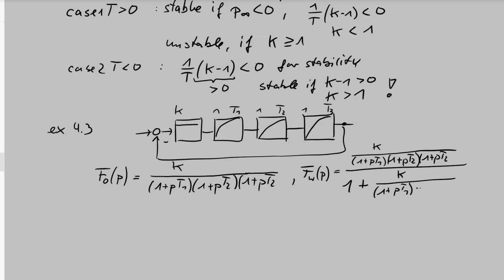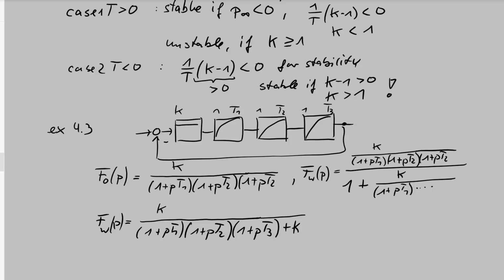So if I multiply with the denominator, I get the following new transfer function, which is (1 plus PT1) multiplied with (1 plus PT2) multiplied with (1 plus PT3) and finally plus K.